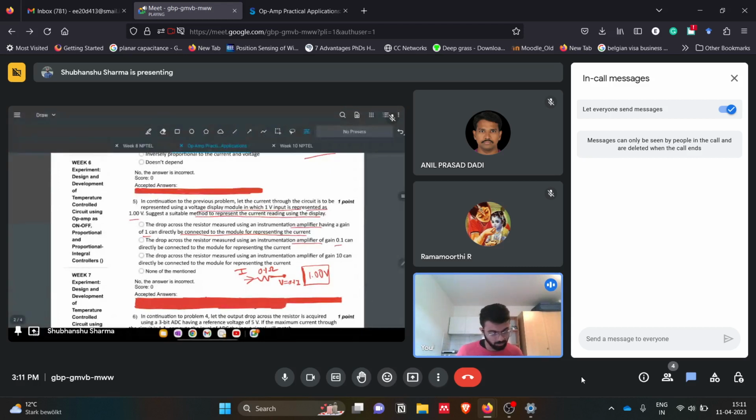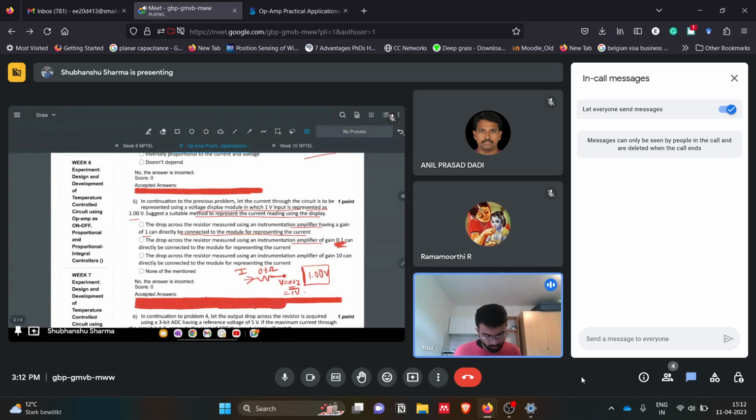I think 0.1 will not work, because already we have a small signal 0.1 I, already a factor of 0.1. We cannot attenuate this further. And the display represents 1 volt input as 1 volt, so basically we need 1 volt here.